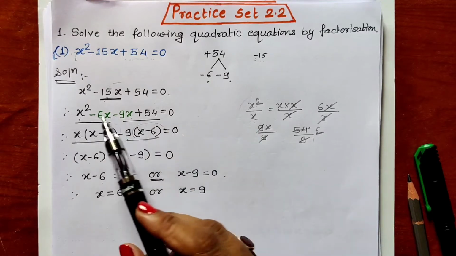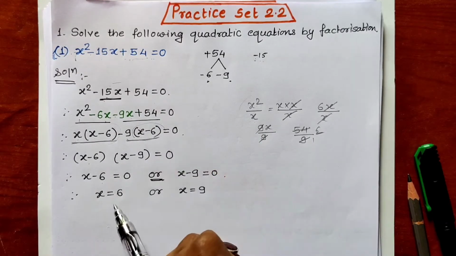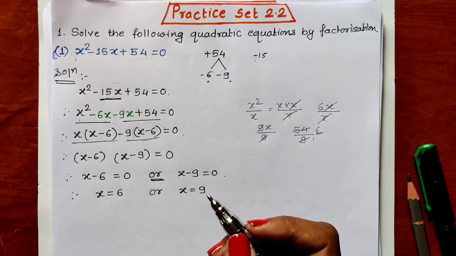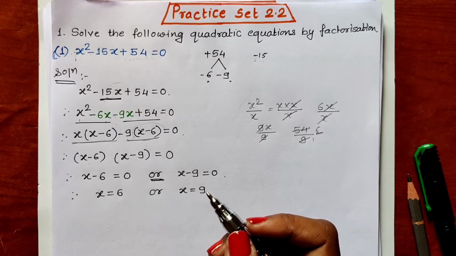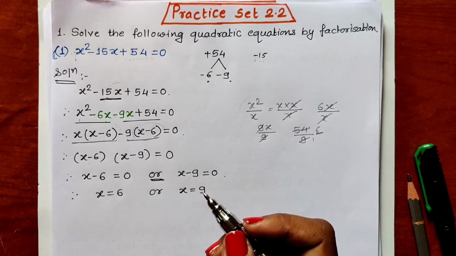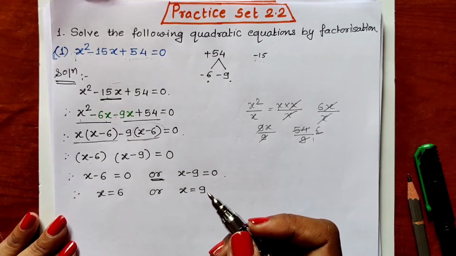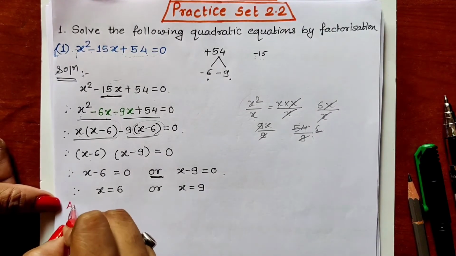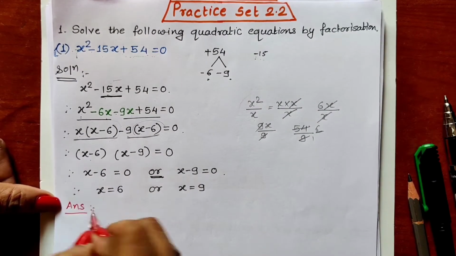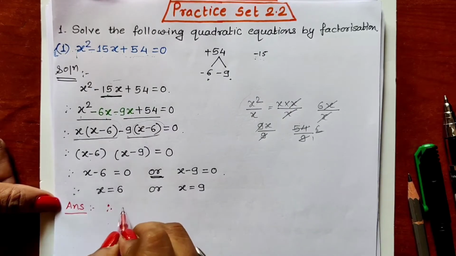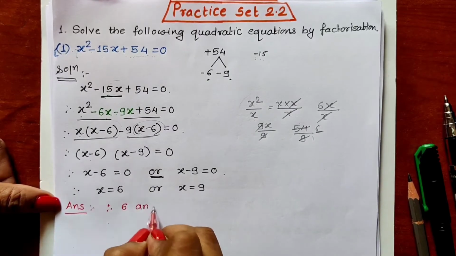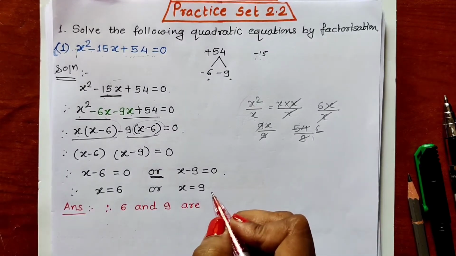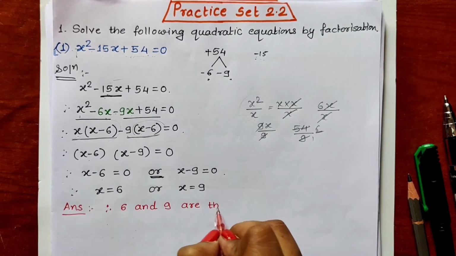Now in this equation the variable x is used, so we should get the value of x in the end, and when we get the value of the variable, we can say that the equation is solved. So in this way this equation is solved, and we can write the answer in the end. Answer: therefore, 6 and 9 are the roots of the given equation.